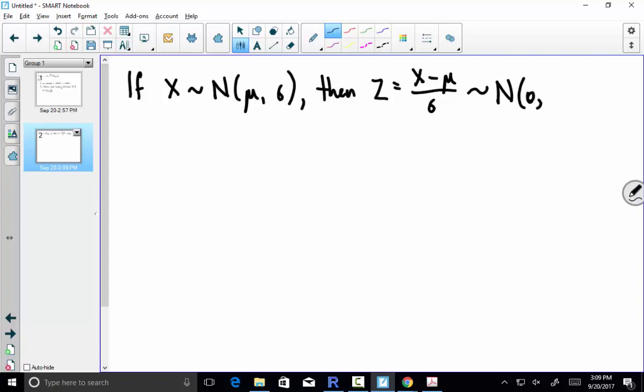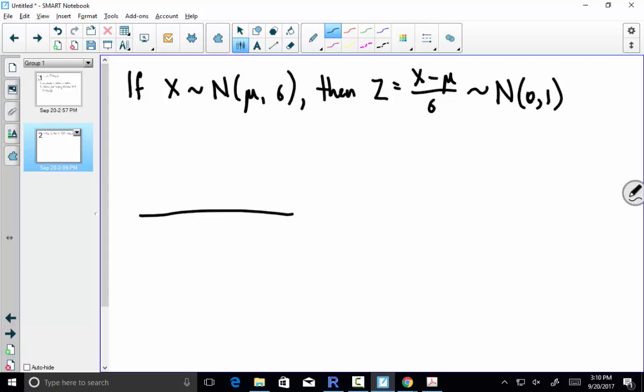It's still normal because I'm using the actual standard deviation sigma. If I estimated sigma with s, then we would talk about t. But using the known parameters, mu and sigma, if I take x and subtract its mean, it's still normal.